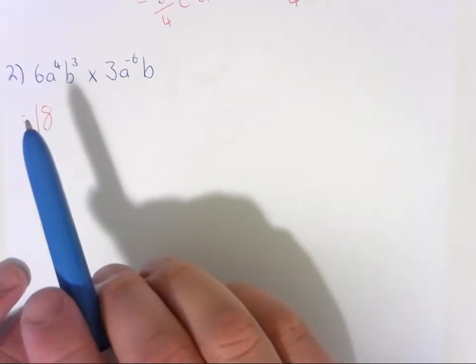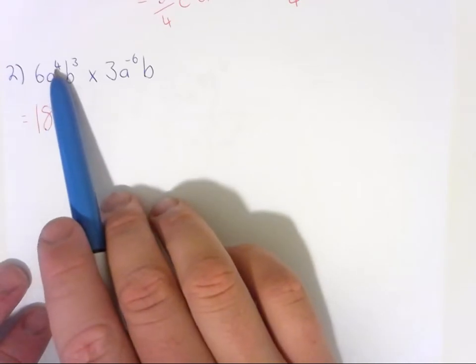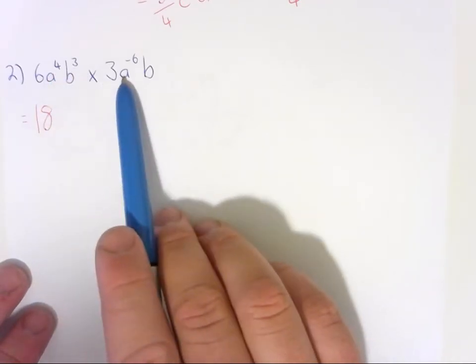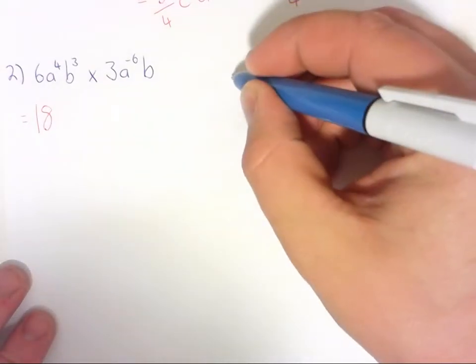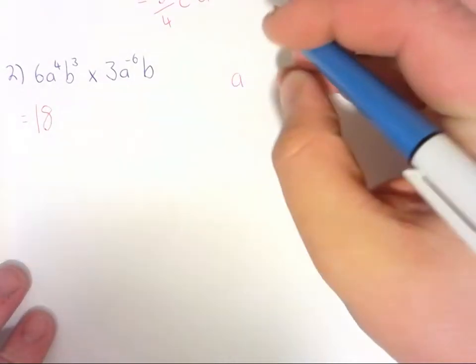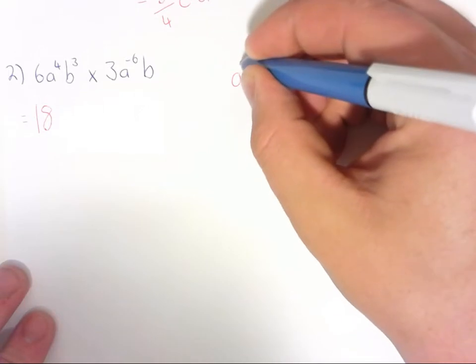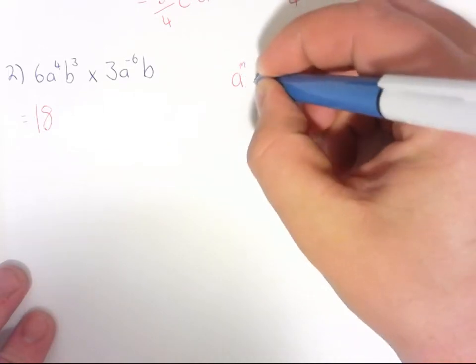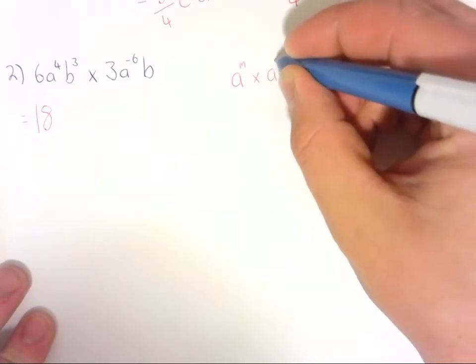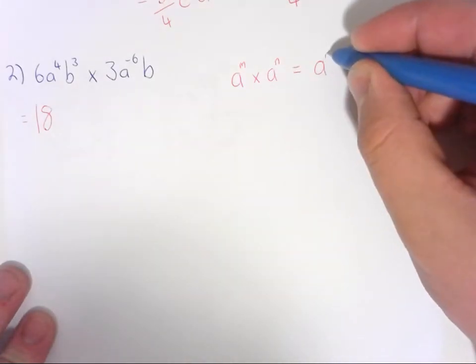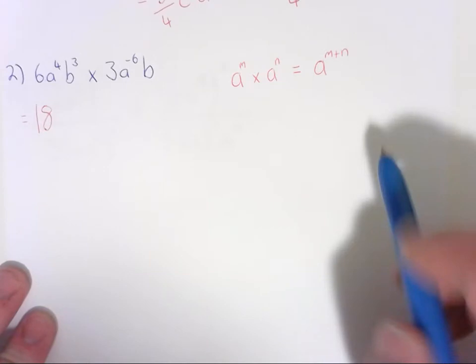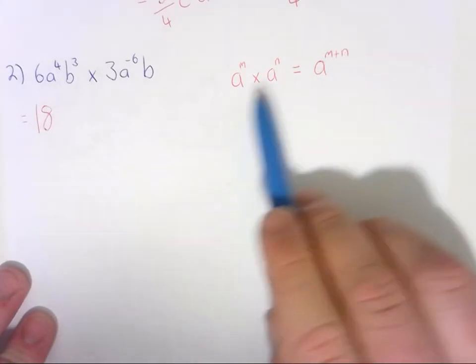Next is a^4 times a^-6. Remember our indices rule: if I have a^m times a^n, I plus my powers.